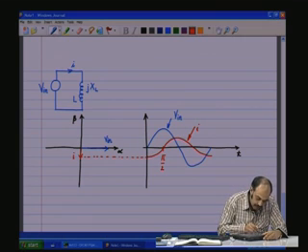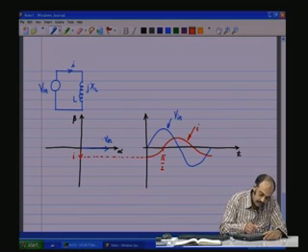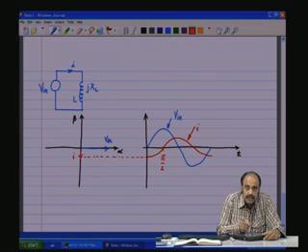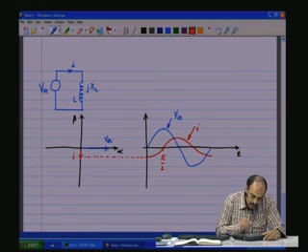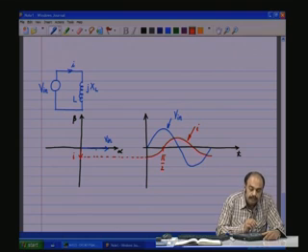So, this is the current vector. Now, this too as a set rotates with a frequency of omega, which is 2 pi by T or 2 pi f radians per second. Now, you see here the current is lagging the voltage vector. So, therefore, you say that the current lags the voltage, and this is a lag circuit.